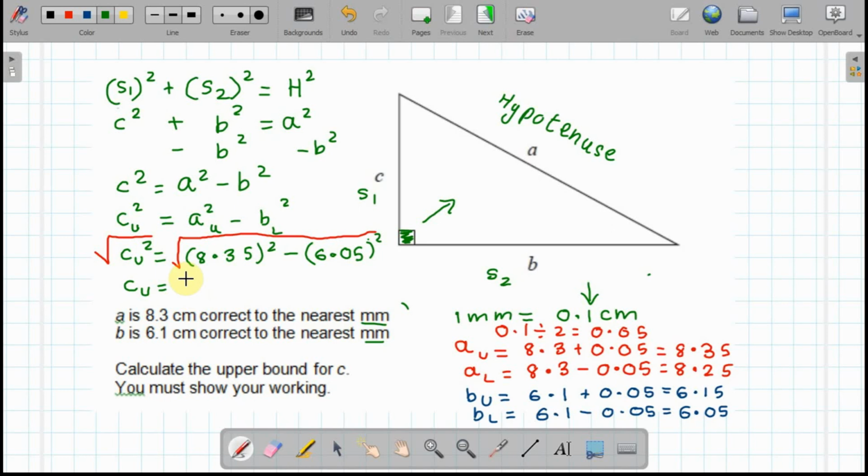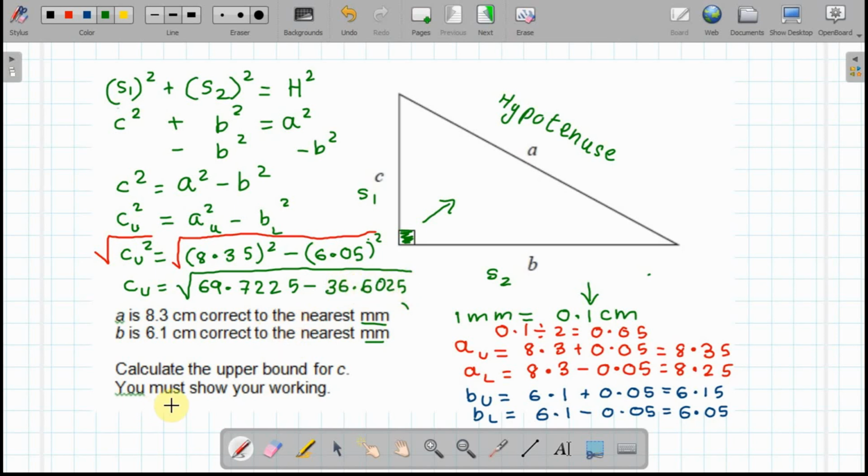So 8.35 squared is 69.7225, minus 6.05 squared, which is 36.6025, and then we take the square root of that.